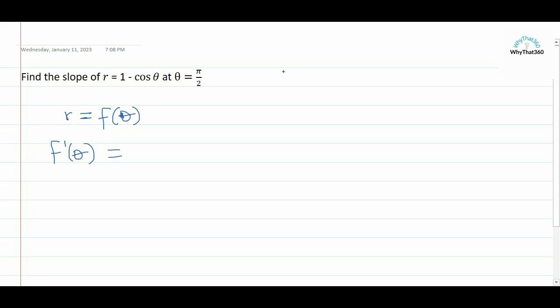Yeah, but we are using f prime of theta, and we know the general formula for finding the slope is given by f prime of theta, which is equal to dr d theta multiplied by sine theta plus r cos theta, all this divided by dr d theta multiplied by the cosine of theta minus r sine theta.